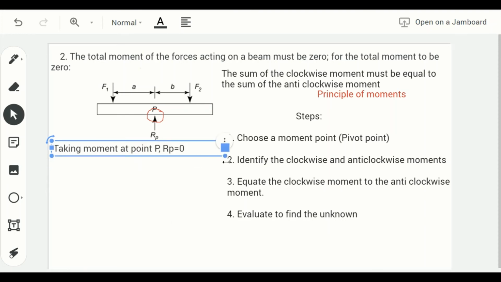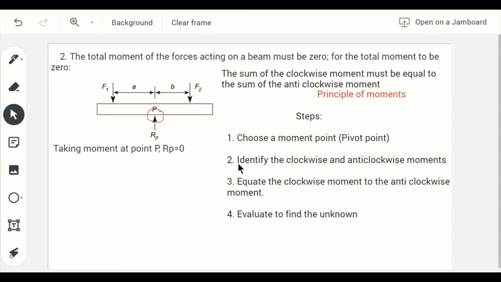Because I was saying that the forces acting at that point become 0. So this force is 0, so I don't use this force. I'm left with just two forces now, which is F1 and F2.